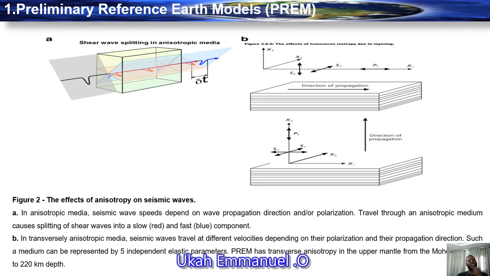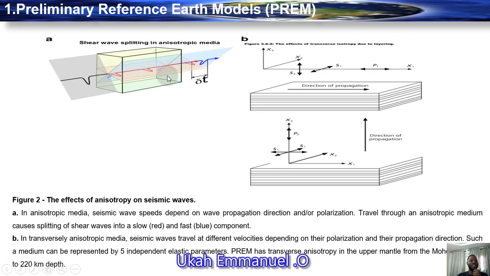So this is the effect of the anisotropy on the seismic wave passing through. When shear waves, or when a seismic wave, propagates through an anisotropic medium, there's a split of the shear waves into a slow red component and a fast blue component.